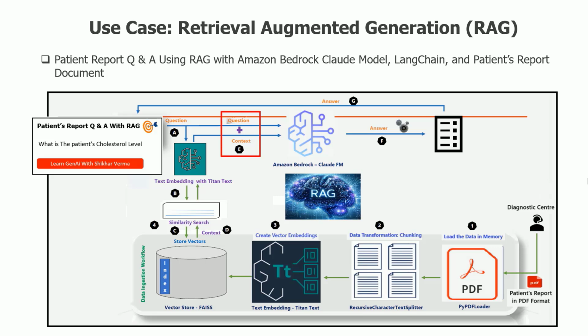The question and the context is going to be sent to the Amazon Bedrock Claude model, which is an advanced AI model which is going to process the input and generate an accurate answer to the question based on the provided content. Finally the system displays the answer to the user in an easily understandable format. The user can view the answer along with the relevant part of the patient report.